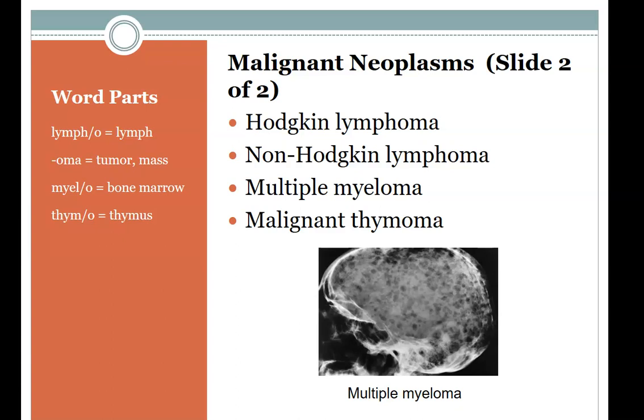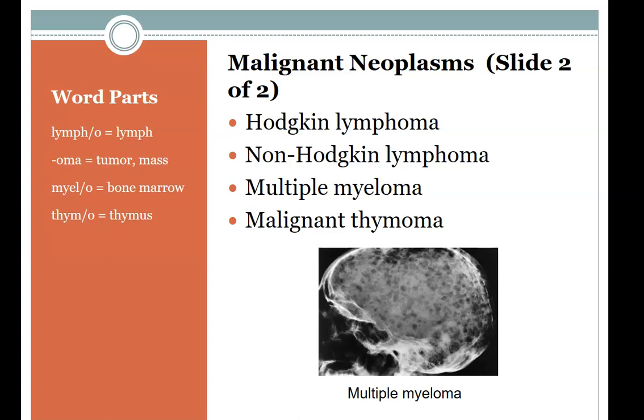the United States. Multiple myeloma, also called plasma cell dyscrasia or myelomatosis, is a rare malignancy of the plasma cells formed from B lymphocytes. It is called multiple because the tumors are found in many bones.